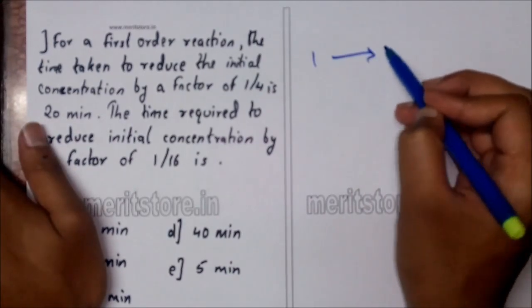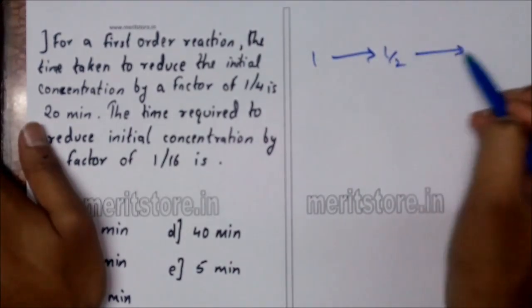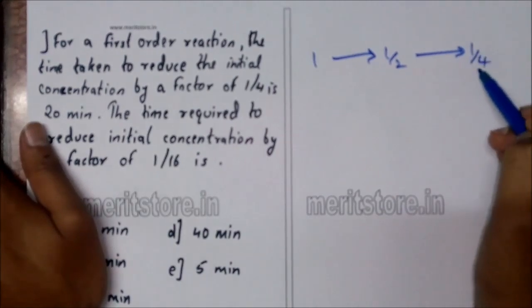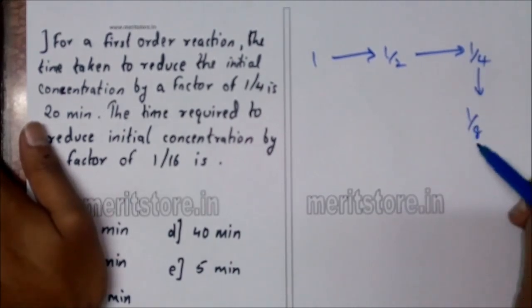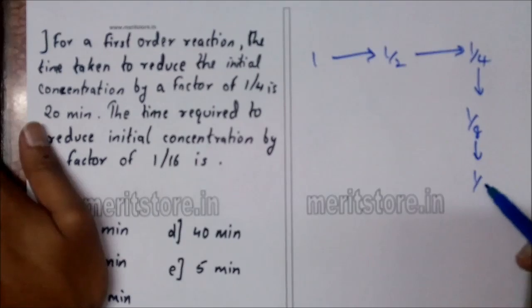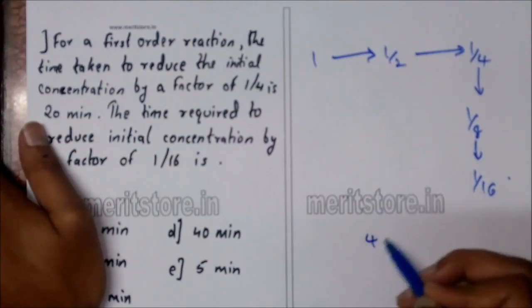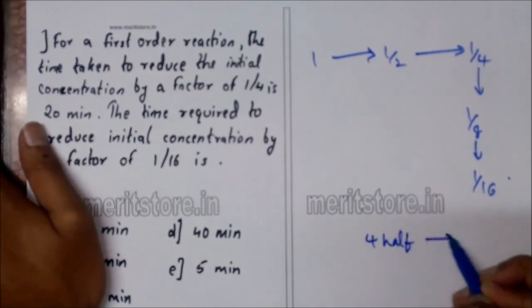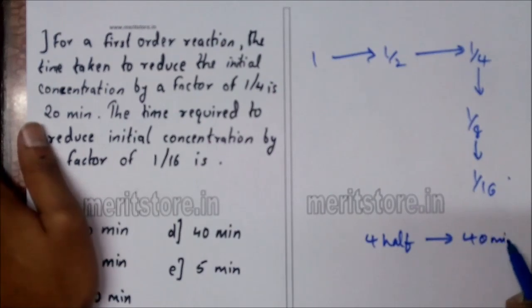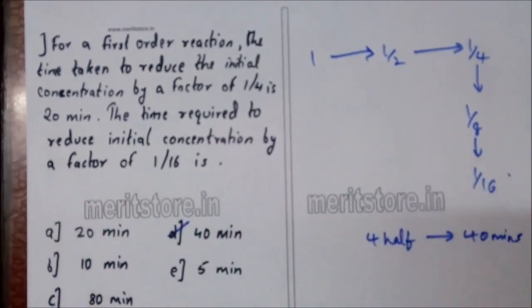In the first half-life we get half, then the second we get 1/4, third we get 1/8, and in the fourth we get 1/16 of the initial concentration. So 1/16 is 4 half-lives and 1/4 is 2 half-lives. It is given that the time taken for 2 half-lives is 20 minutes. So the time taken for 4 half-lives is equal to 40 minutes. So option D is the correct answer.